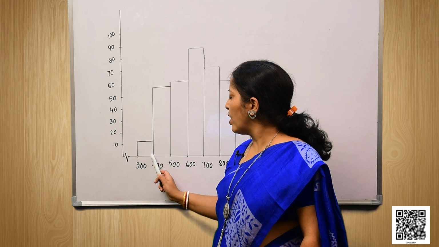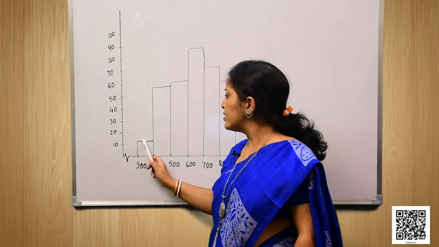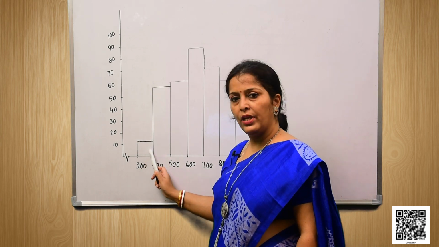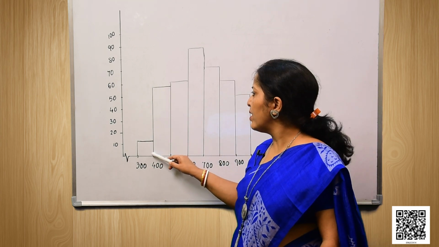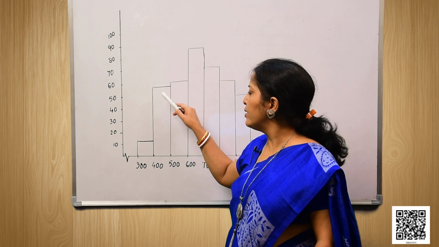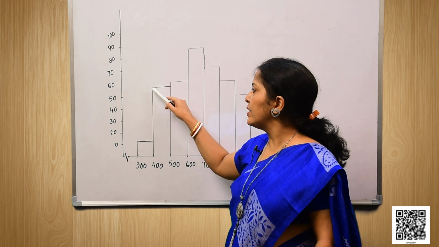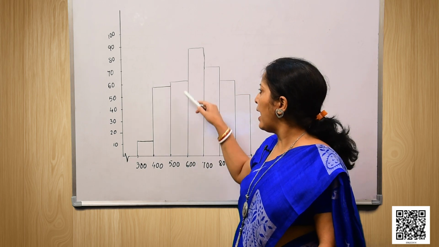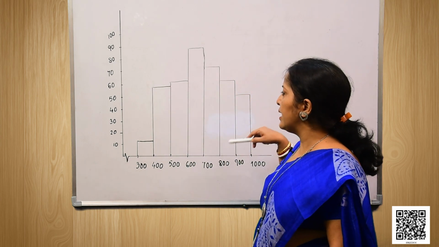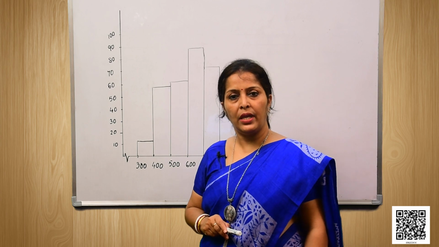From 300 to 400 our frequency was 14, so we draw it up to the length of 14 along the vertical line. Then in the next one we had 56, so we draw the bar up to 56 and so on. So, this is our histogram.